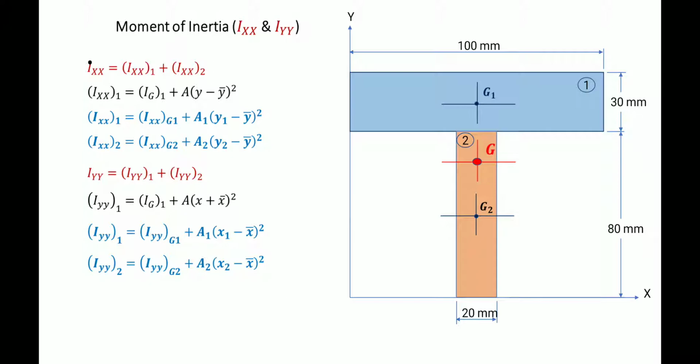For the centroidal moment of inertia, it is having two sections, right? So we have to calculate Ixx and Iyy. The question is asked about the centroidal axis. Centroidal xx means this axis, which we found in the previous diagram.